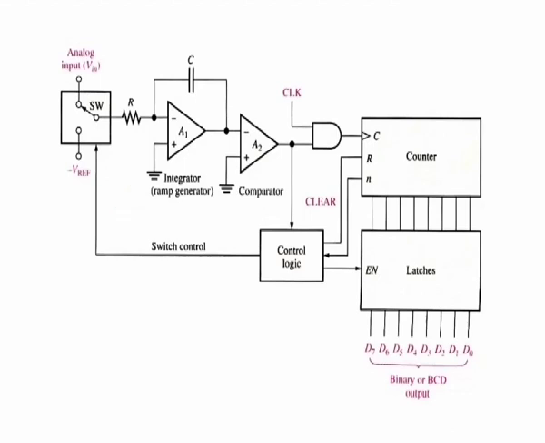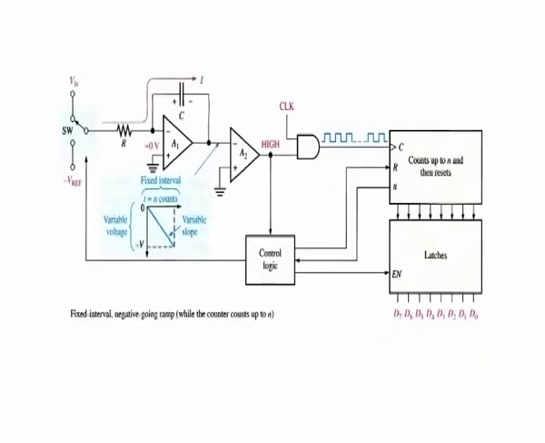To understand the dual slope conversion, we start by assuming that the counter is reset and the output of the integrator is 0 as shown here. Now assume that a positive input voltage is applied to the input through the switch SW as selected by the control logic.